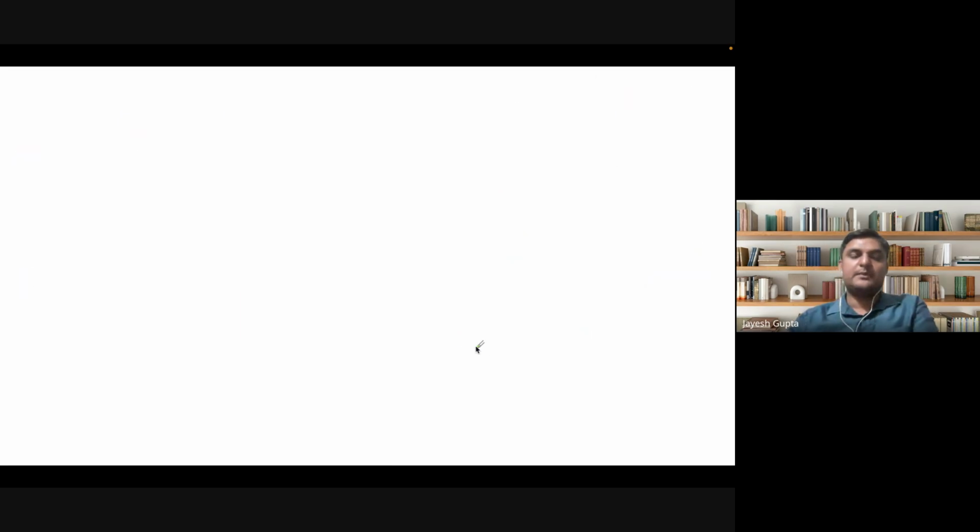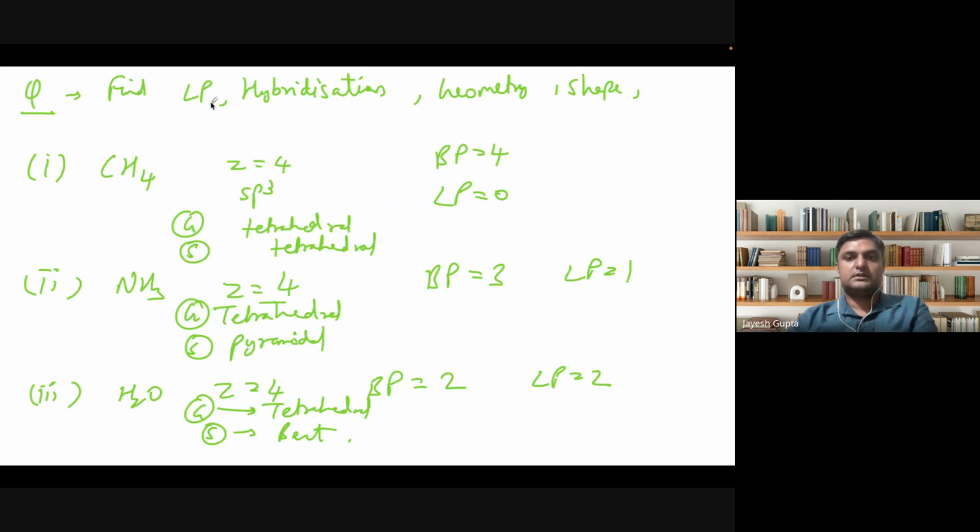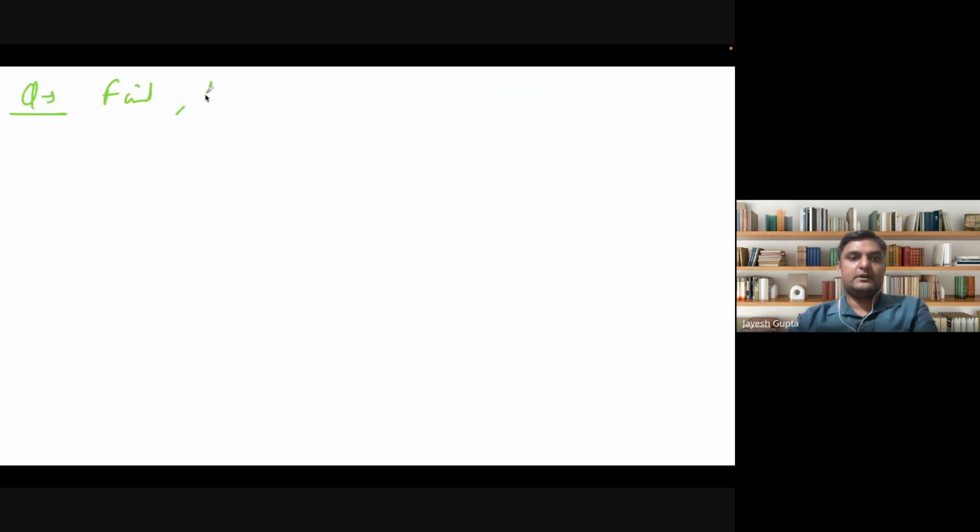Okay, so now based on this, I'm giving some questions. Please solve these. What you have to do is find the lone pair, hybridization, geometry, and shape.